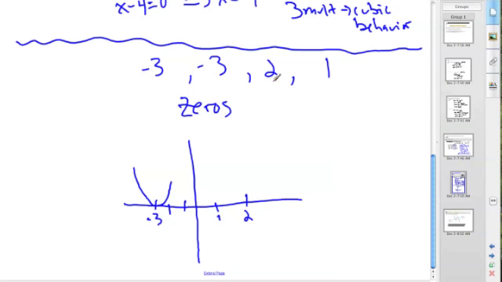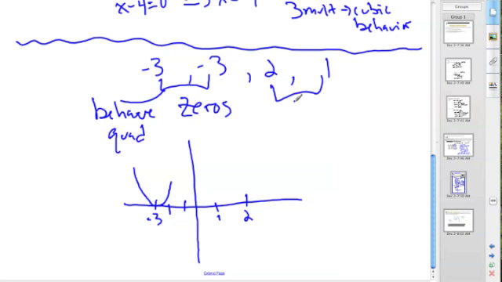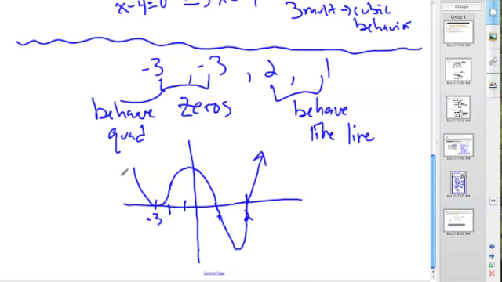Since we only have multiplicity 1 for these two, it's linear. So it's going to behave like a quadratic at -3, and here it's going to behave like a line. So we're going up, and there's a line, and we go up.